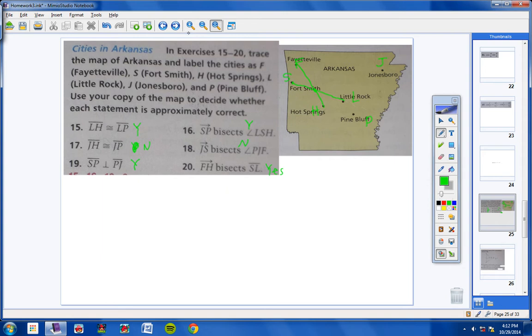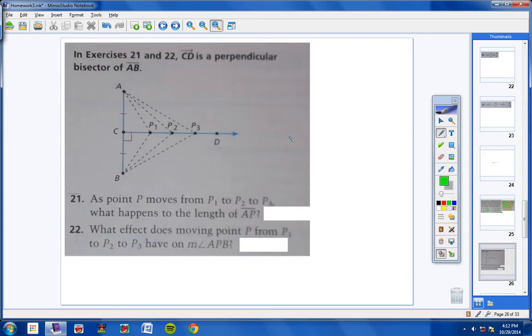Okay, moving on to number 21. As point P moves from here to here to here, what happens to AP? Well, let's see. Here's AP. Here's AP. And then here's AP.